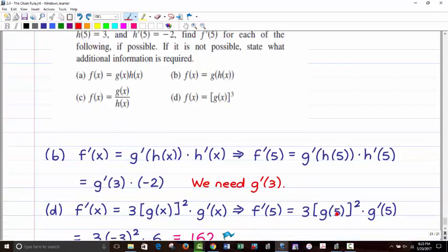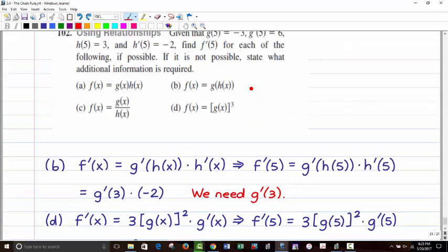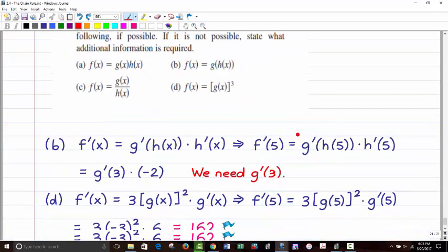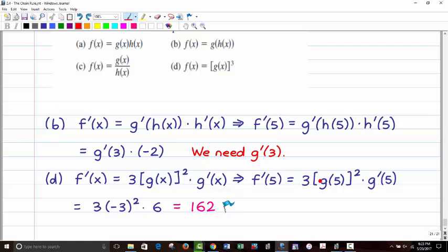G of 5 is negative 3. G prime of 5 is 6. So we're good here. It's going to be 3 times negative 3 squared, and then times the 6. And that turns out to be 162. So we had everything we needed for that one. And that concludes the video for the chain rule.